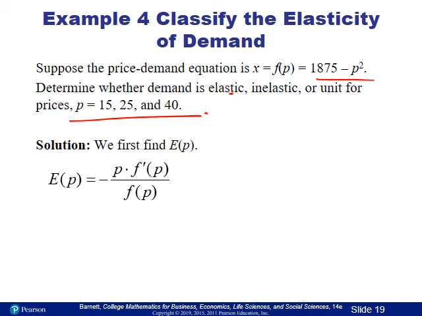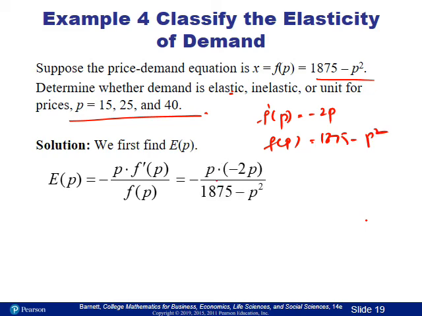E of P will be calculated through this formula. So this is your f dash of P. We will find f dash of P is minus 2P. F of P is 1875 minus P square. You can substitute them into this equation and you will get this.